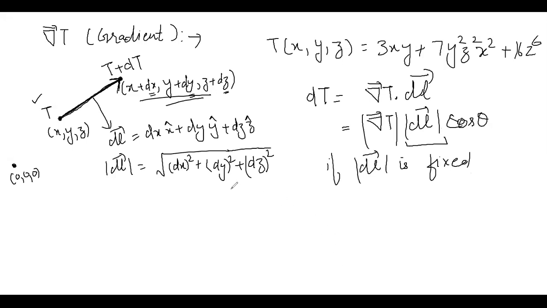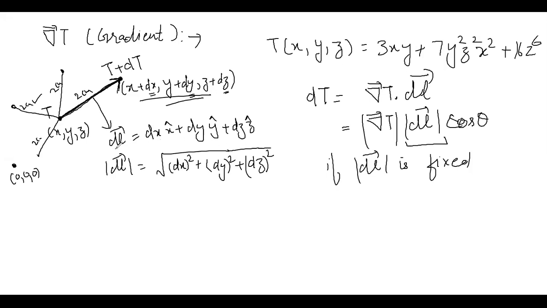To simplify it, imagine it to be just a number first. Let's say from here to here you moved 2 centimeters. You can move 2 centimeters here also, in this direction also. There can be a very large number of ways in which you can move 2 centimeters.